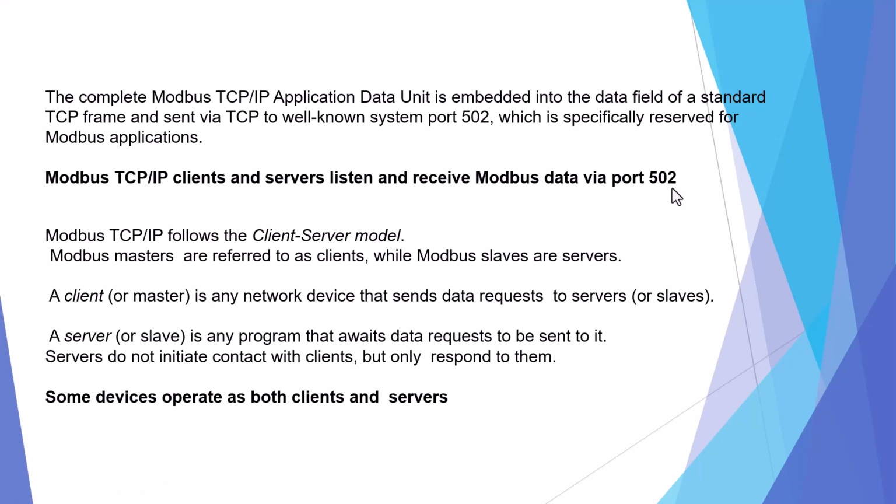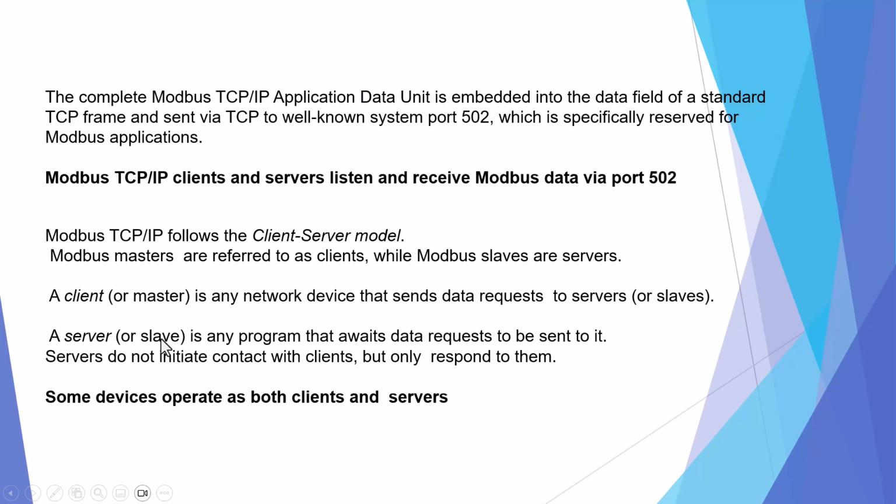Also, we should know Modbus TCP/IP is completely different from Modbus RTU. Modbus RTU has just one master and multiple slaves, but Modbus TCP/IP has a client, which is the master, any network device that sends data requests to a server.